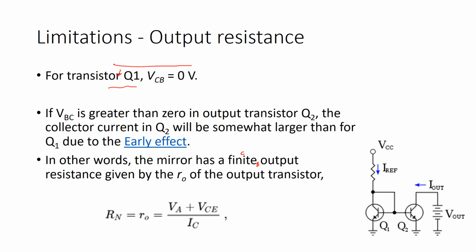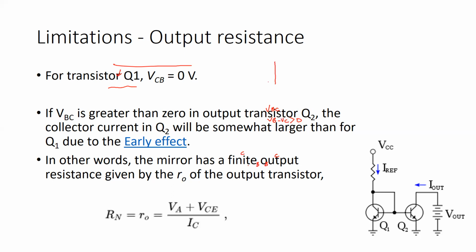Now, if VBC, the voltage at the base of transistor Q2 minus the voltage at the collector, is greater than 0, we would say that the collector current in transistor Q2 will be somewhat larger than the current in Q1 due to the early effect.